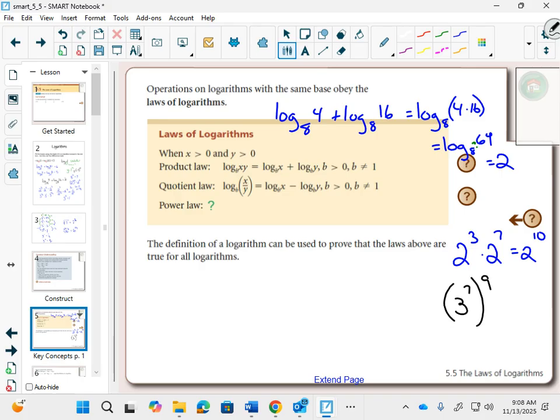And what was the power law for exponents? You multiply. If you have a power to a power, you multiply. We have the same law in logs, but here, if you have an exponent inside the log, you can bring it out in front and multiply.